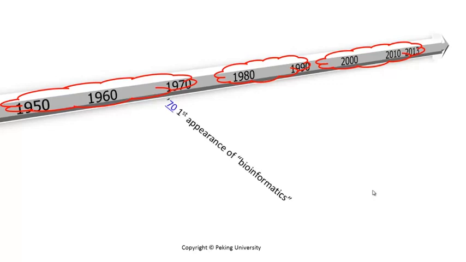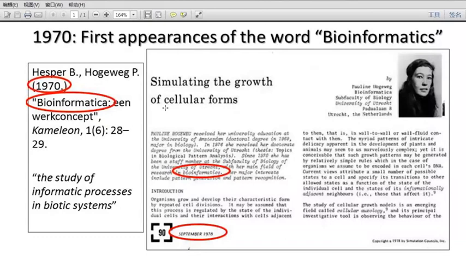The first appearance of the word bioinformatics was in 1970 in a little-known Dutch paper published by Hesper and Hoogeweg. They defined bioinformatics as the study of informatics processes in biotic systems.